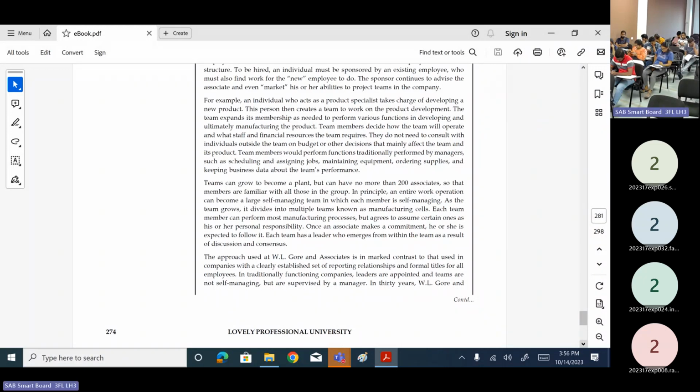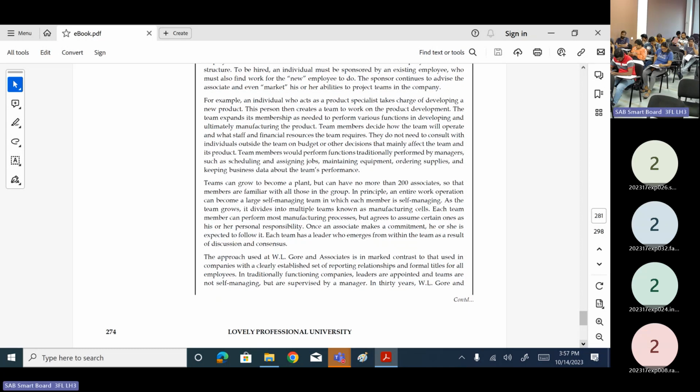A team can grow to become a plant, but can have no more than 200 associates, so that members are familiar with all those in the group. In principle, an entire work operation can become a large self-managing team, in which each member is self-managing.